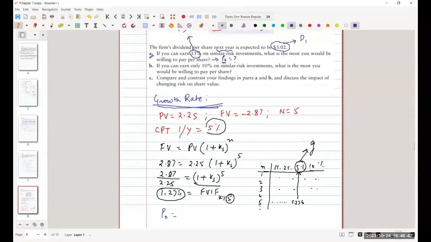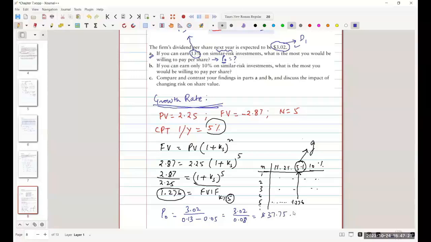Dividend next year, D1, we have labeled it here, 3.02. The required return we know is 13%, because that's what similar risk investments offer. And minus the growth rate, we have figured that out just now, 5%. So it's 3.02 divided by 0.08, and this will give you approximately $37.75.